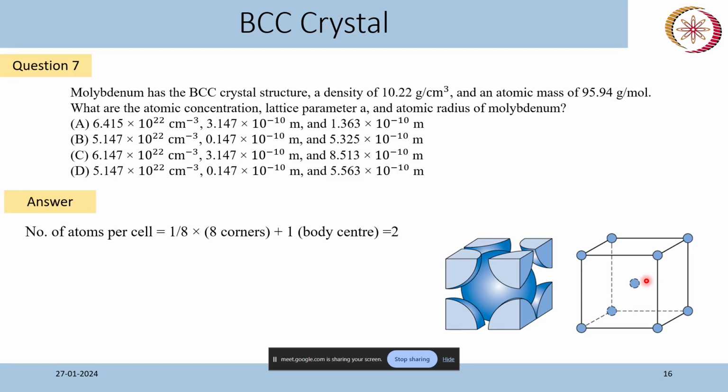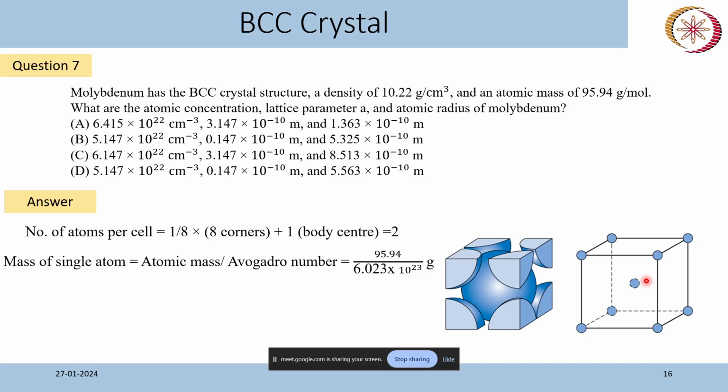Okay, next what will we calculate? What will be the weight of one atom, right?